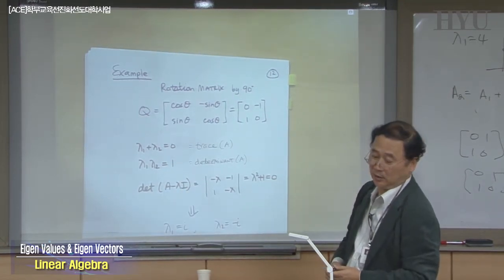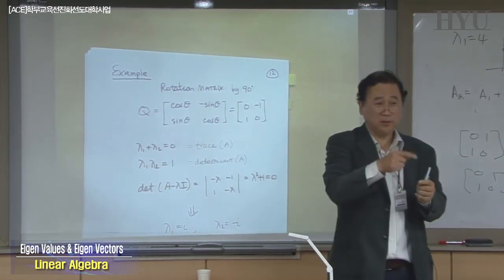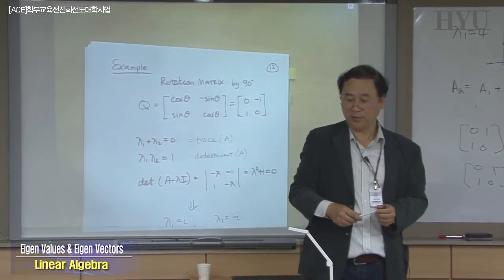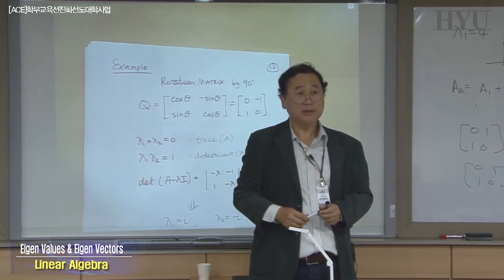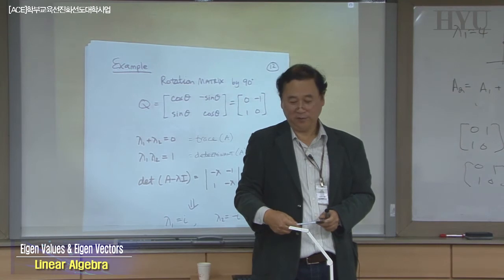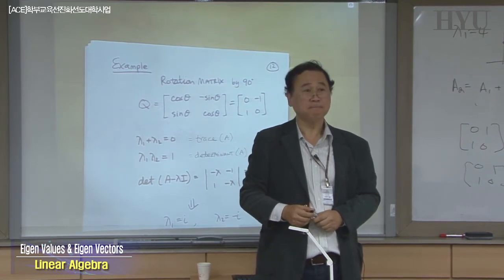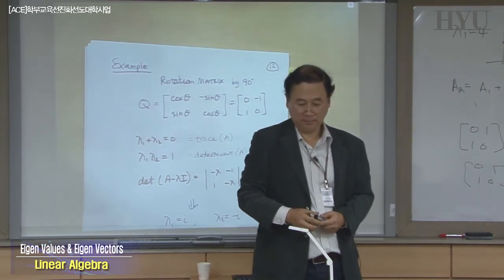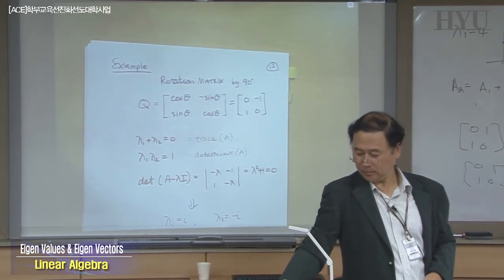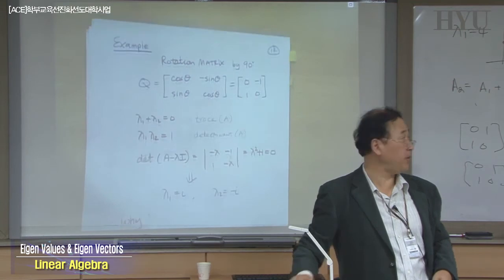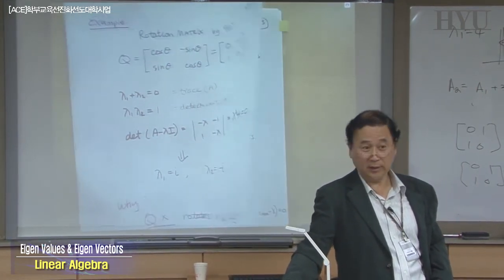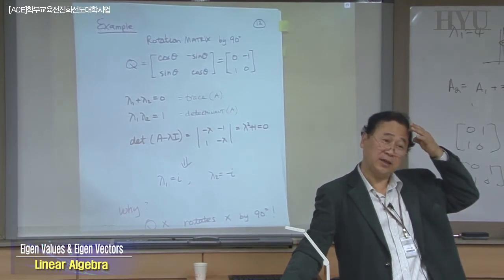Also, when you multiply all the lambdas, you get the determinant, which is 1. From these 2, we can easily compute them. Unfortunately, lambda is i. Especially with complex numbers, usually its conjugate is also an eigenvalue.